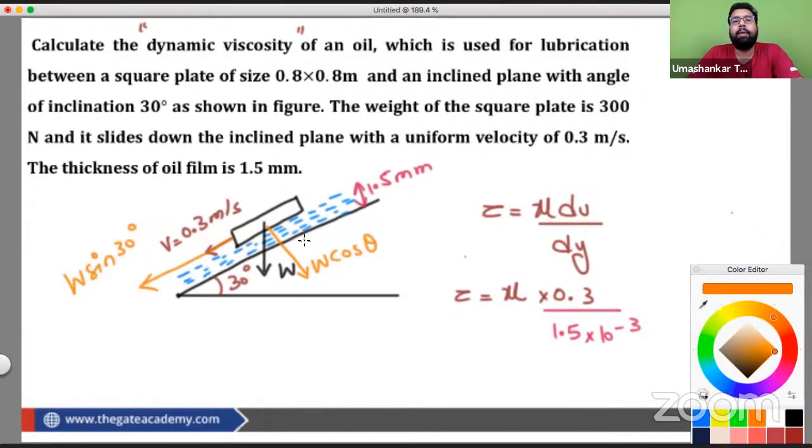I hope it is fine to you. Also, if this is 30, this is 60, it is going to be W cos 60, right? W cos 60 means W sine 30. Either way you can do.